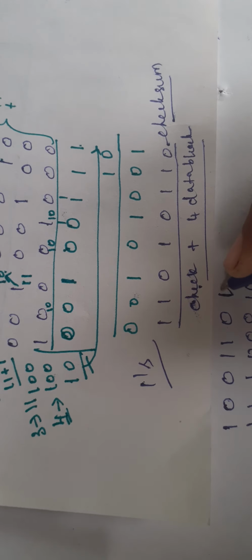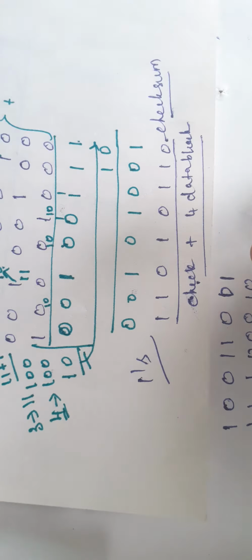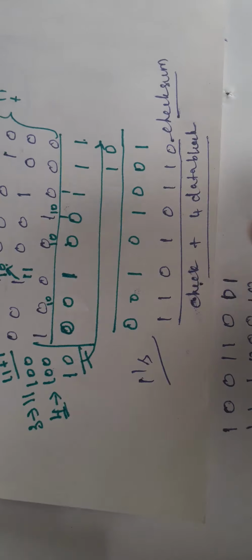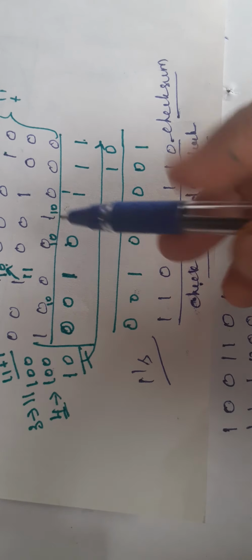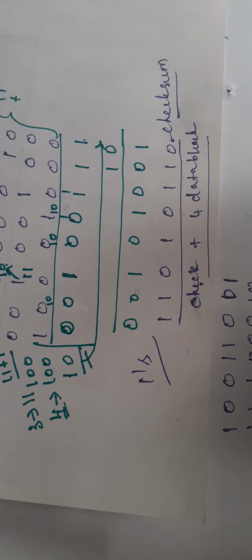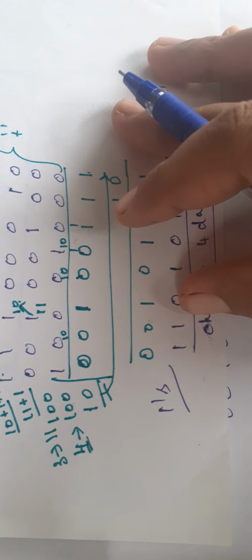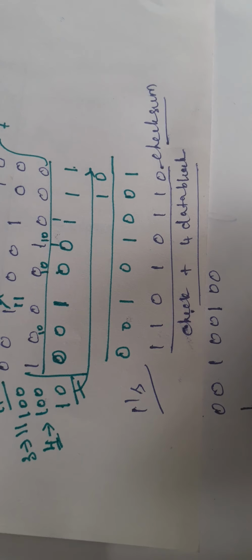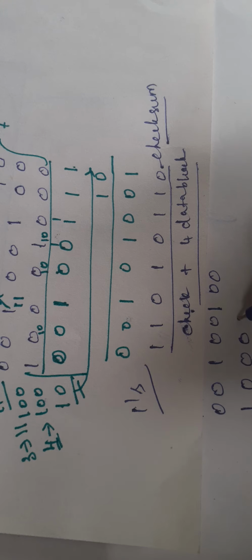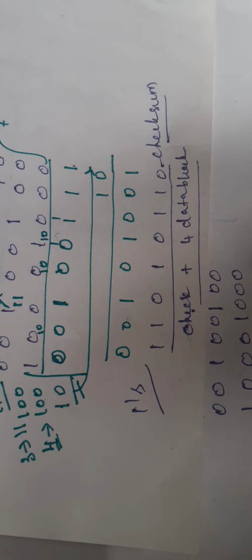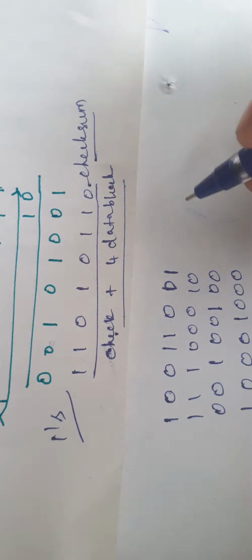Third one is 00, and the fourth one is 4 zeros. Okay, so this is the data word.